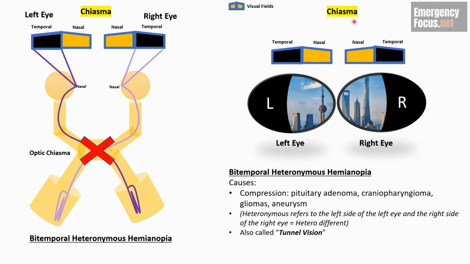The temporal side of the visual field will be impaired on both sides, on both eyes. So bitemporal, heteronymous. Why heteronymous? Well, can you see the L and the R? That means that on one hemifield, so on one visual field, it would be in the left eye, the left side. But on the right eye, it's not the same side impaired. It's not the left side impaired.